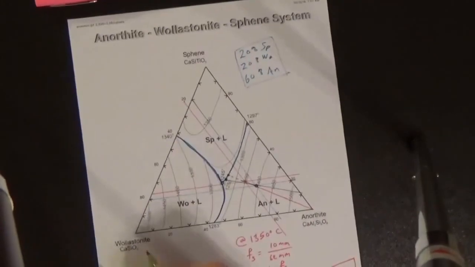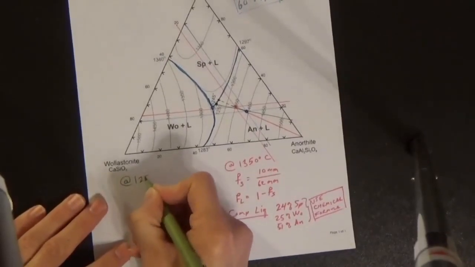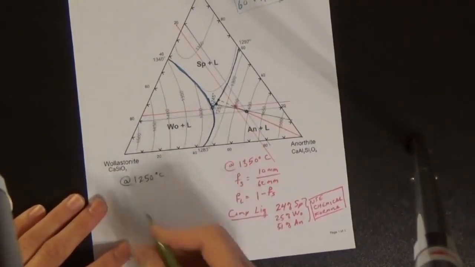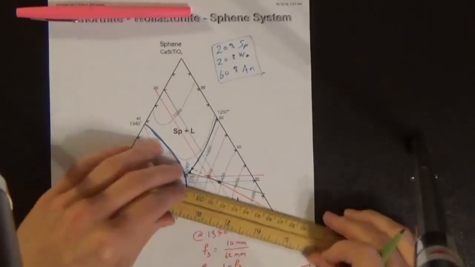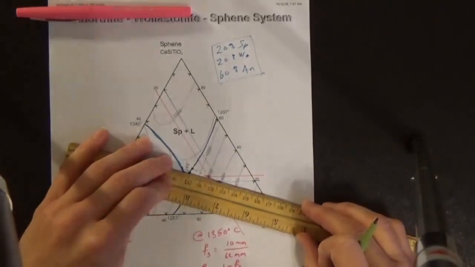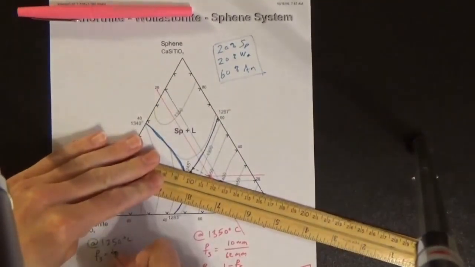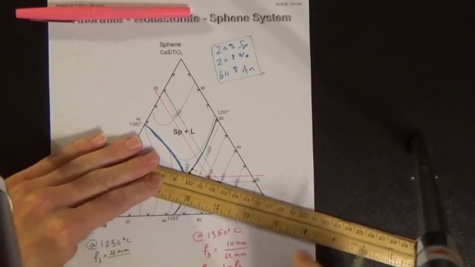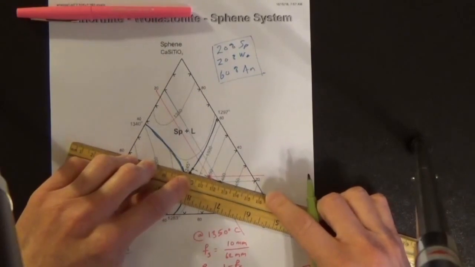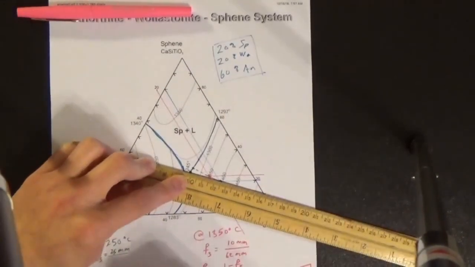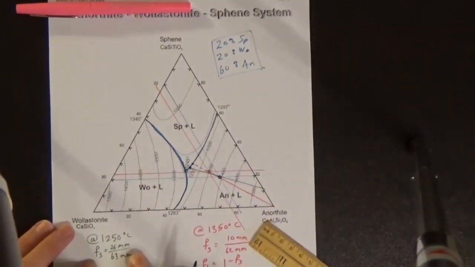So, say at 1250 degrees C, the fraction of solid is going to be red. That's going to be, looks like about 25 millimeter divided by around, let's call it 63 millimeter, right?